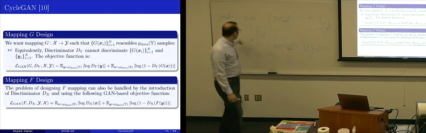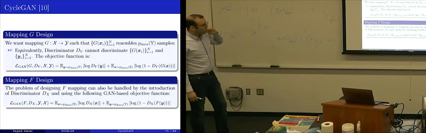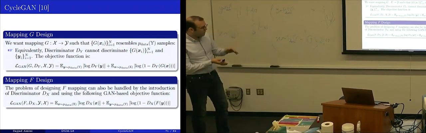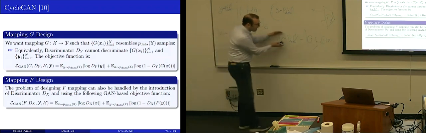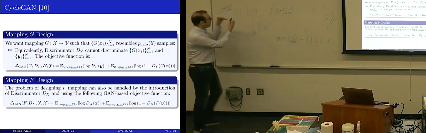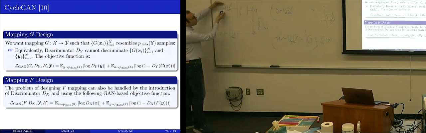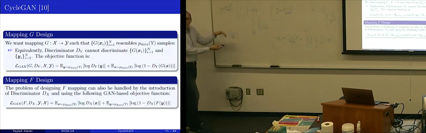Okay? So, I want these two transformations. One transformation matches the distribution of x with y. The other one matches the distribution of y with x.